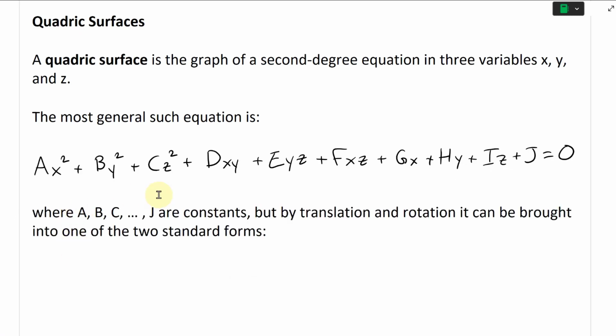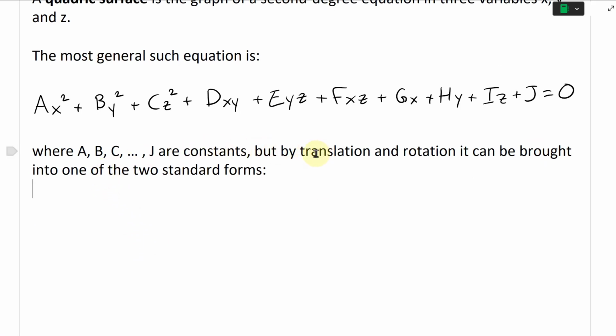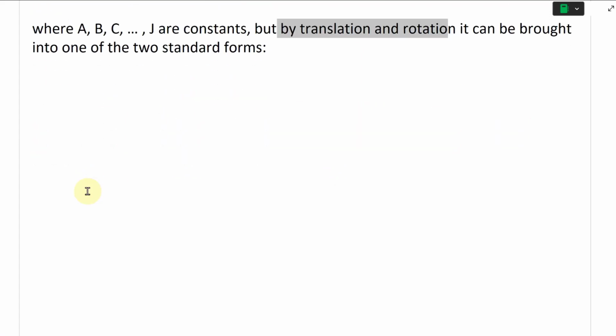All right, going further. So where a, b, c, d, e, f, g, h, i, and then j equals 0. You have the constant and then each variable, and this is just general. But by translation and rotation, if you just rotate the surface and move it around, it could be brought into one of two standard forms.